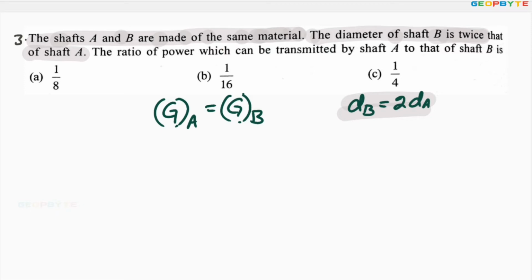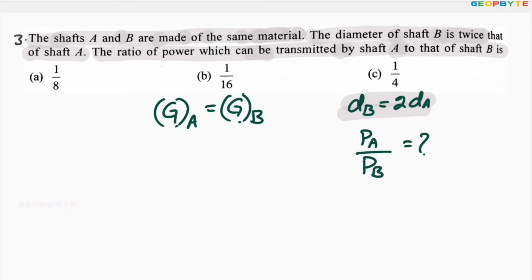The ratio of power which can be transmitted by shaft A to shaft B is, that means, the power transmitted by A divided by the power transmitted by B. What is the power transmission ratio between A and B?